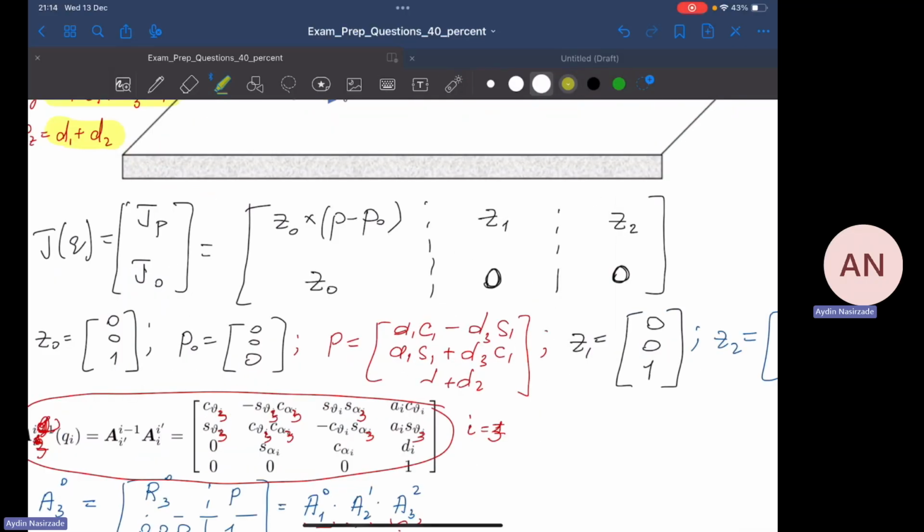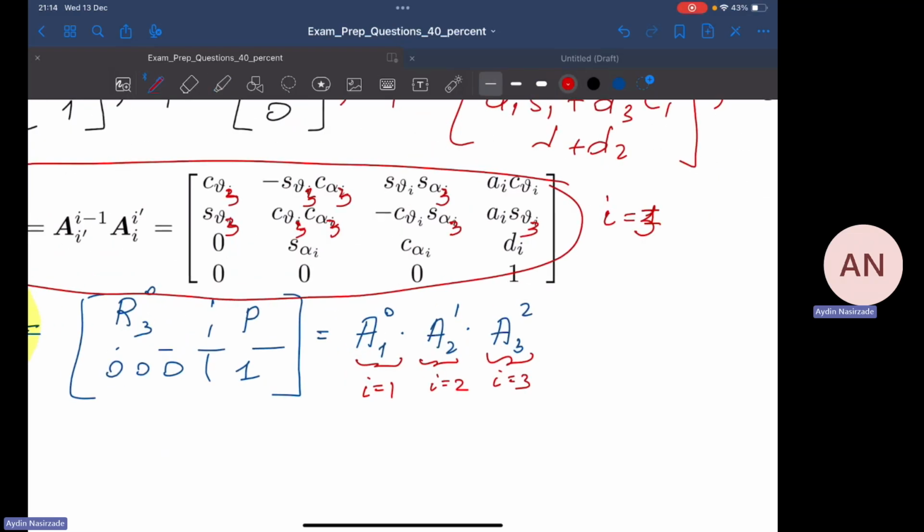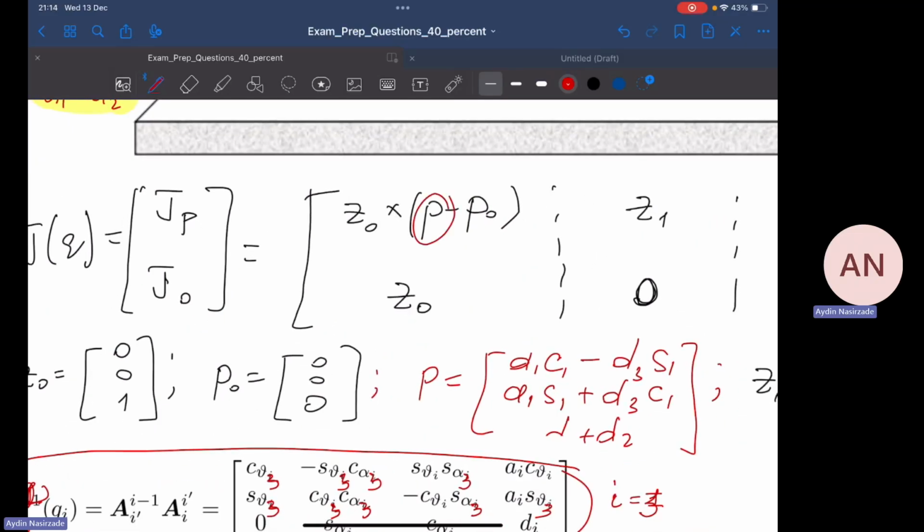After you find all those matrices, you have to multiply them by one another. Then you get A3 to 0, from which you can derive the vector P, which is used here.